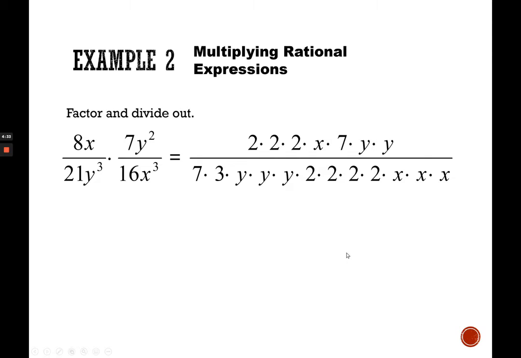And now you start dividing out common factors. There are 3 pairs of 2's cancelled out, 1 pair of x, 1 pair of 7, and 2 pairs of y. Since everything is cancelled on top, there should be a 1 left on the numerator. On your denominator, there's 3.